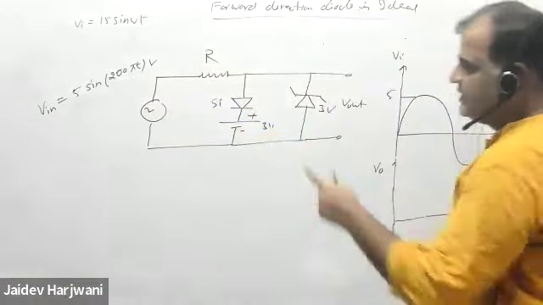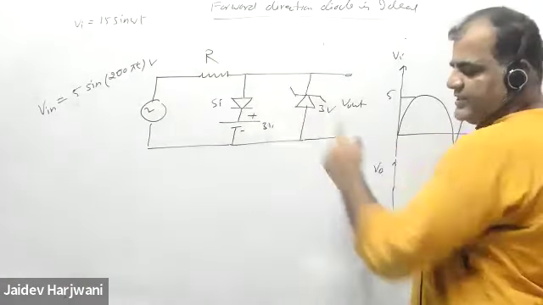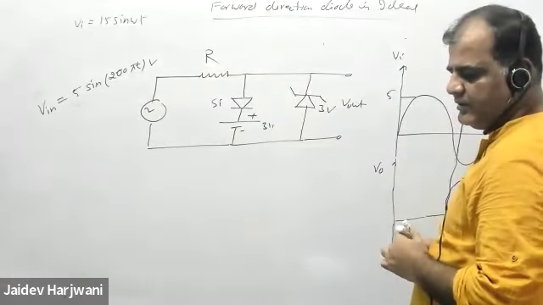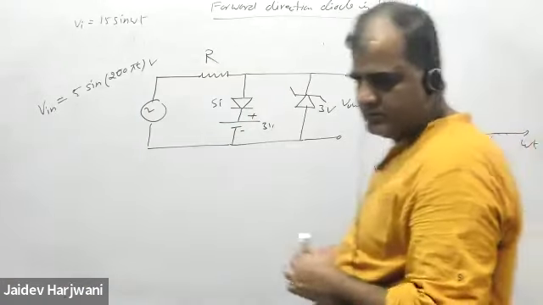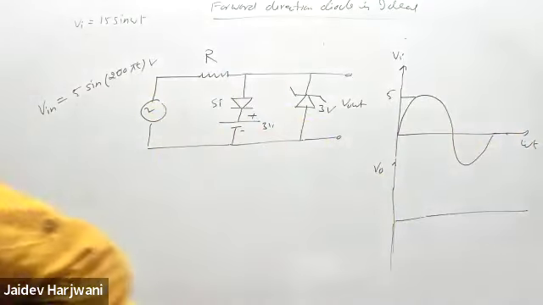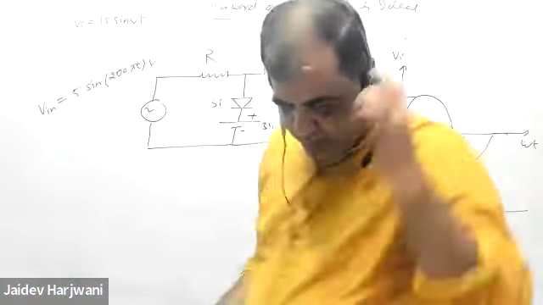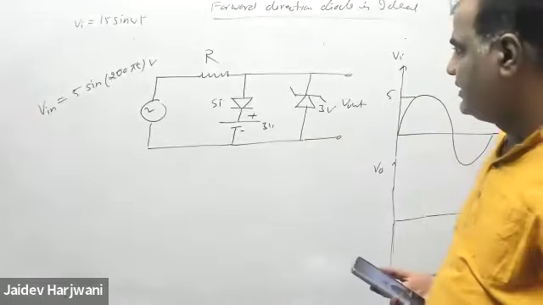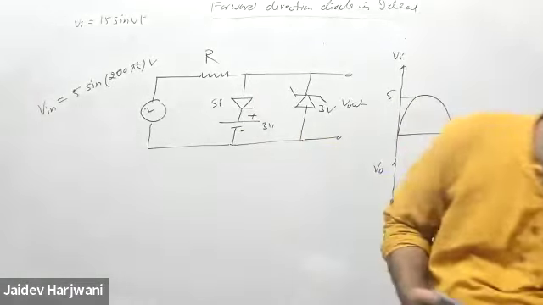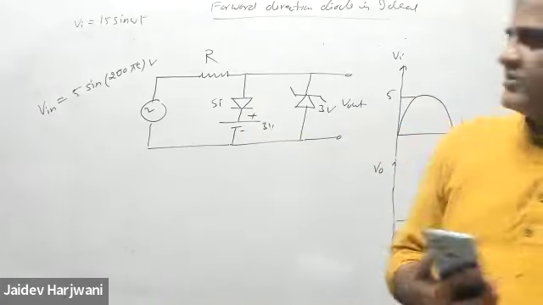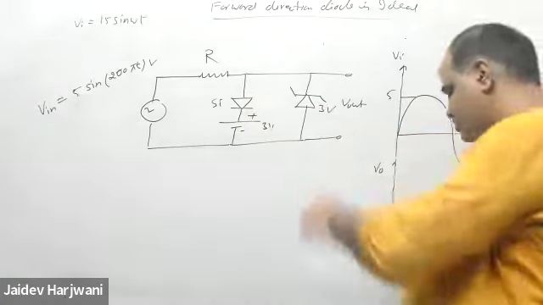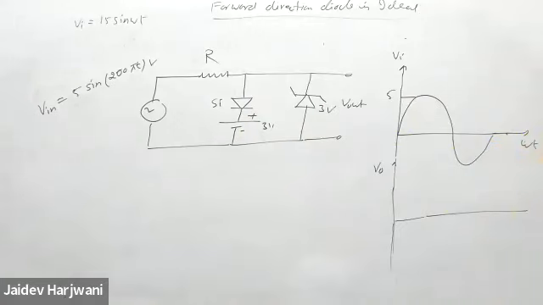If I want to make this branch on, how much voltage is required? 0.7.